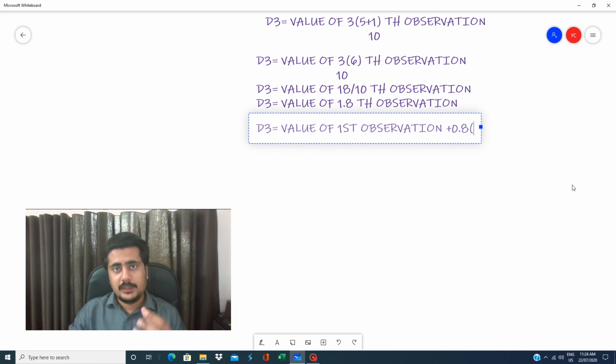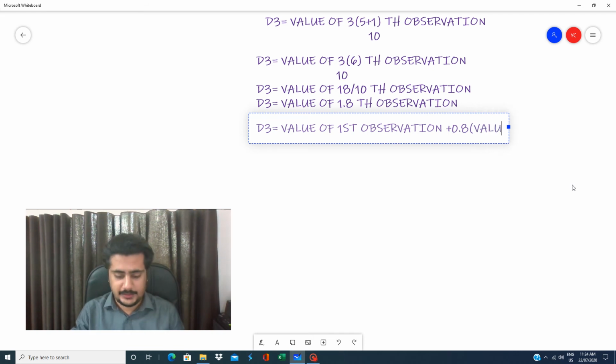How will you multiply? Listen, 1.8 is between which two digits? 1.8 is between first and second, that means after 1 before 2. Now in 1 and 2, which is the bigger one? Obviously second. Which is the smaller one? First. So you have to subtract smaller from the bigger.